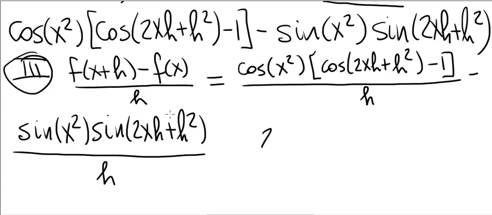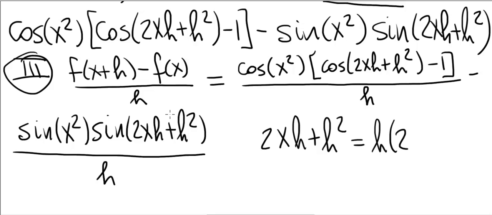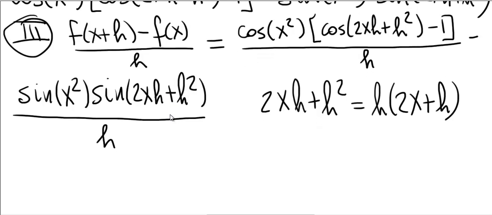Now notice that 2x times h plus h squared is equal to h times 2x plus h. So the next thing we're going to do is multiply everything and divide everything by 2x plus h. That's because we already have h in the denominator.